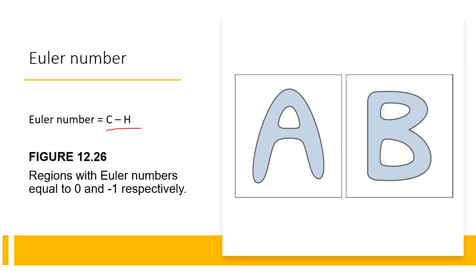Here we have, let's say for capital A, the hole is 1, the connected component is 1, and so the Euler number is C minus H, which is 1 minus 1 becomes 0. Okay. Whereas for letter B, the Euler number is minus 1.